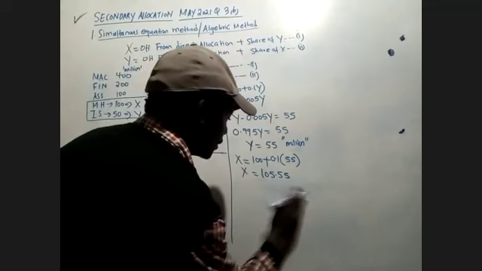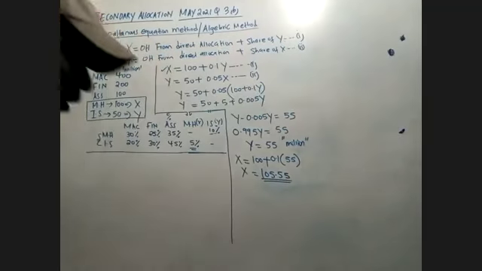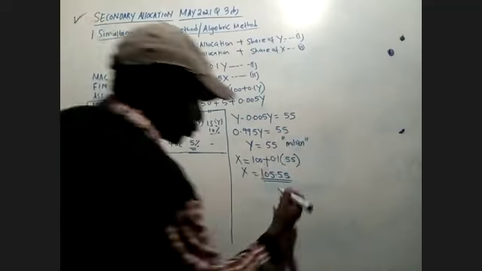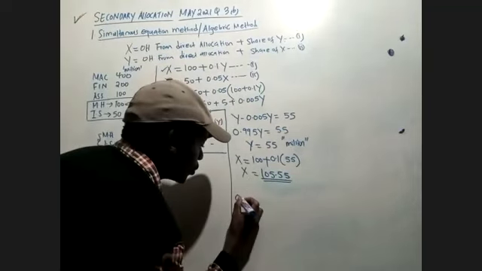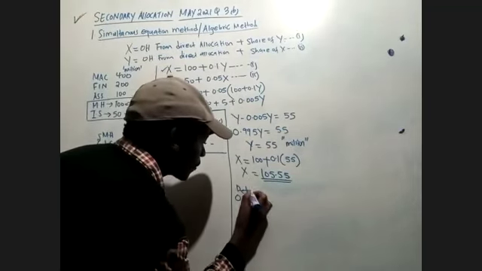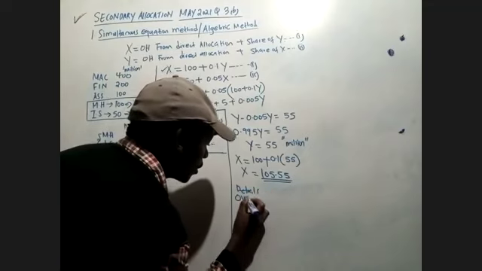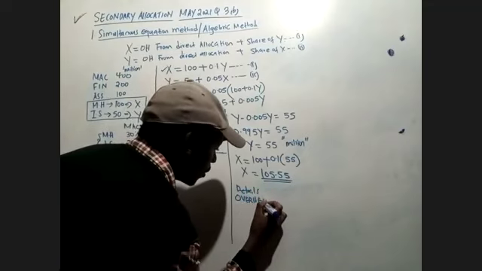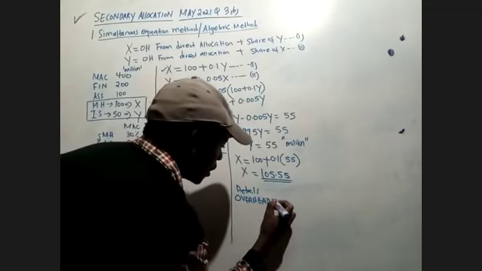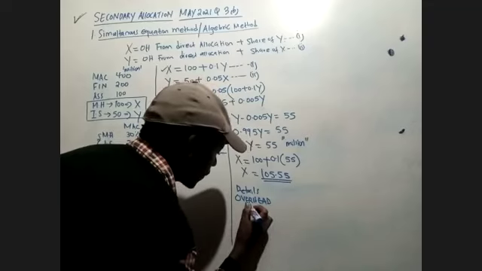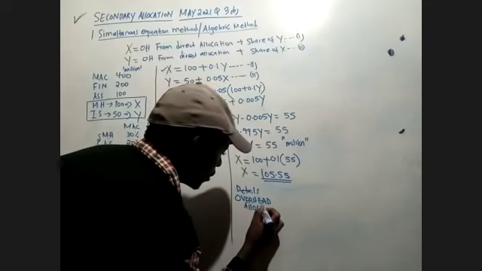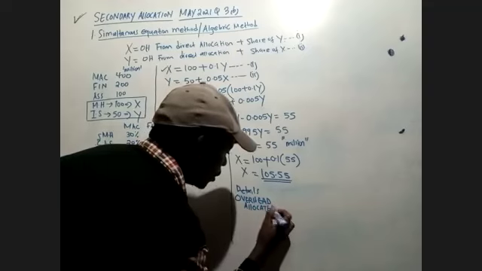Ndio swali ikuwe rahisi. Huyu jamaa alikuwa anaitwa nani? Anyway, sasa utaweka juu yake. So let's do details. Overhead already allocated.